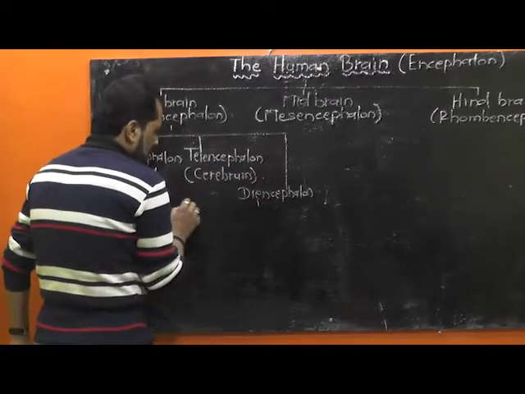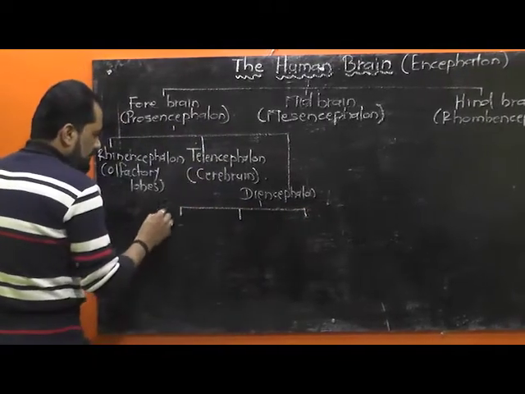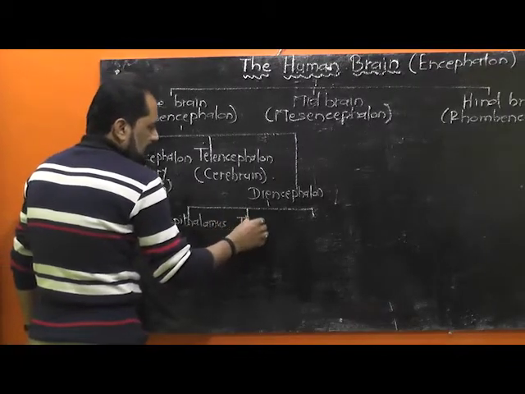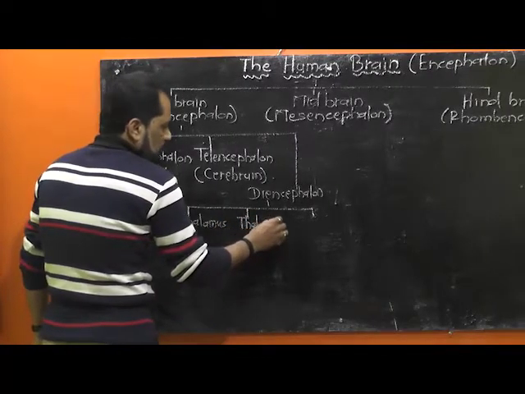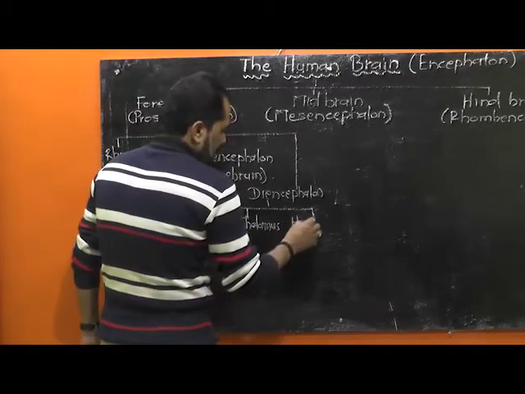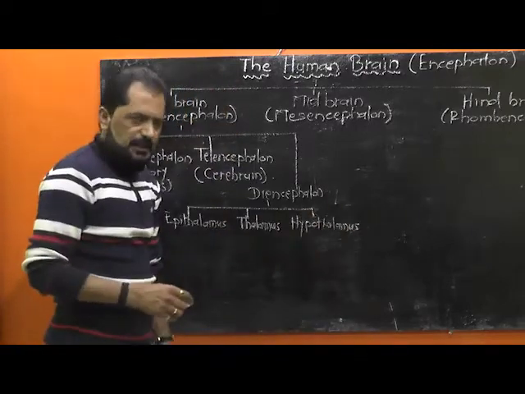Actually, diencephalon again consists of three parts, namely epithalamus, thalamus singular, thalami plural, and hypothalamus, about which we are going to discuss in detail.